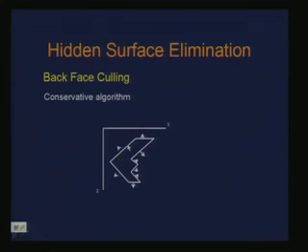I have plotted them in 2D considering the z and x section, and all these arrows are basically showing the normals on those faces. Okay. And let us say the viewing direction is somewhere there. So, I am looking in this direction, from here to here.